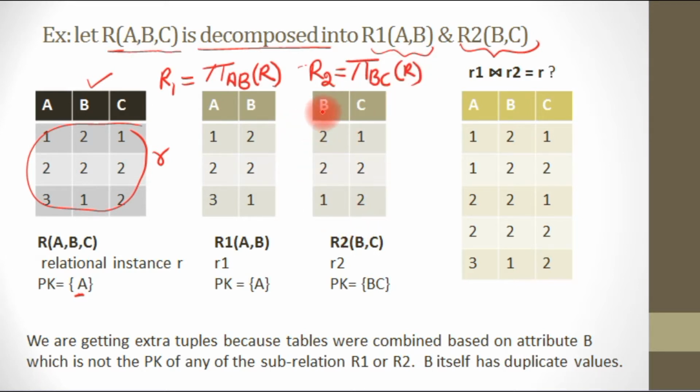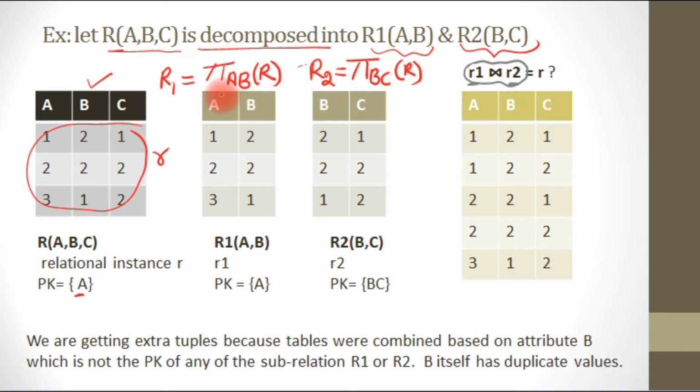Now we have to check whether this decomposition is lossless or lossy. For this, first we find the join of R1 and R2. Join combines the relations R1 and R2 together on the basis of the common attribute.